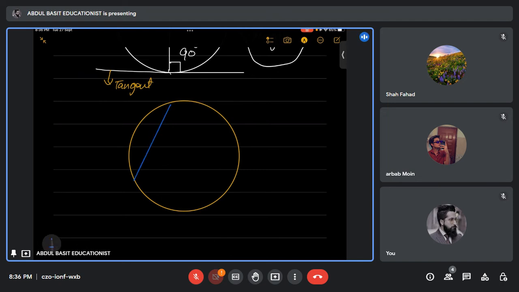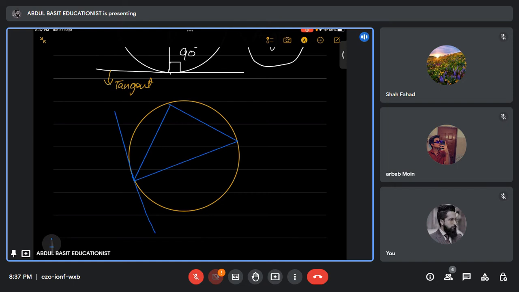You have to draw these triangles on your own later. Okay ji, done. So we have drawn a triangle. Now I'm going to draw a tangent line here.